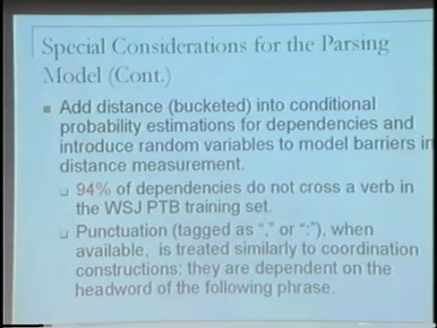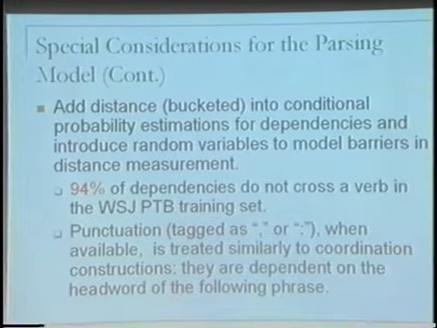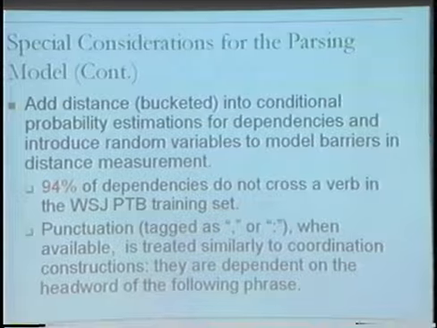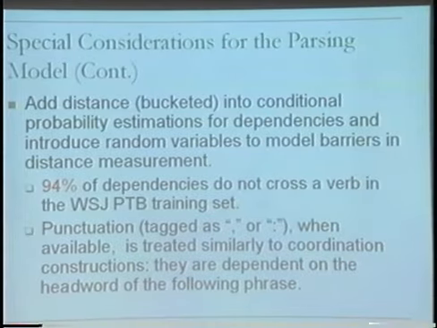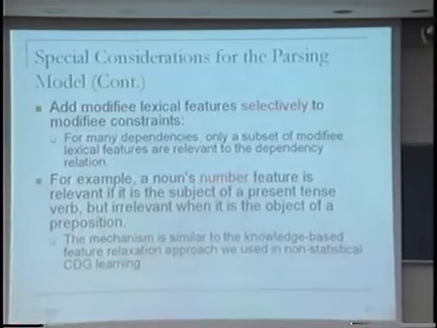We also use distance in our model, and 94% of the dependencies don't cross a verb. They cross verbs when there's WH questions, but in Wall Street Journal Penn Treebank, there's not very many WH questions. And punctuation can help. Certainly if you're evaluating the text corpus, you want to use that information as well.